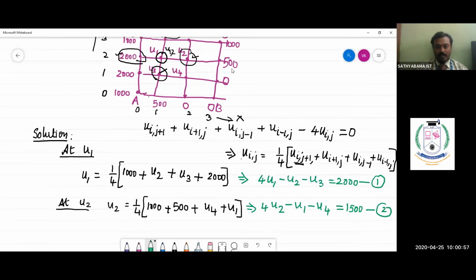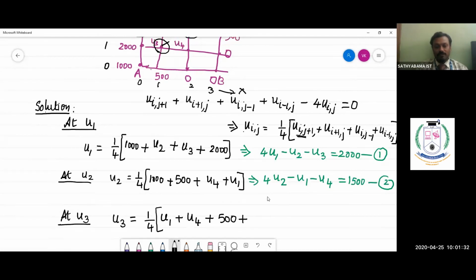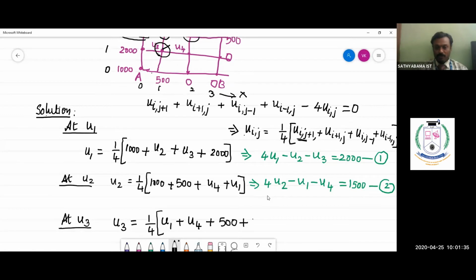Next, at the point u3, applying the same schematic representation, u3 is equal to 1 by 4 into the point above u3, that is u1, plus the point to the right of u3, that is u4, plus the value at the mesh point below u3, that is 500, plus the value at the mesh point to the left of u3, that is 2000.